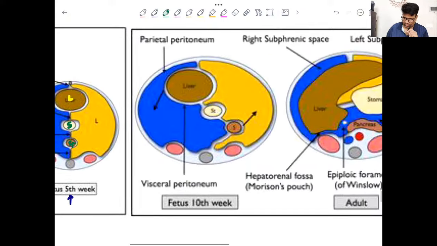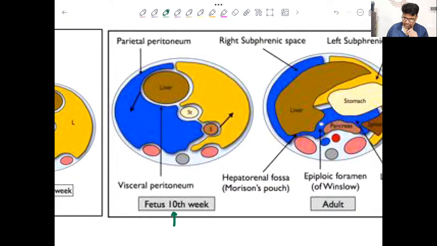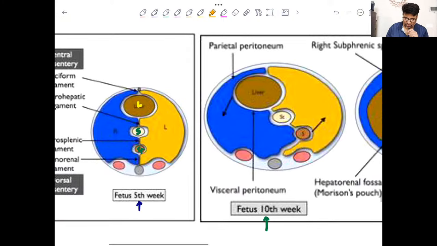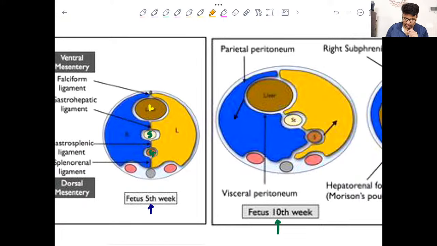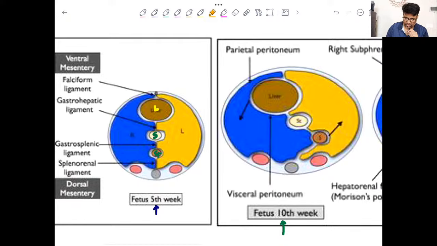Even if we go further, around the 10th week, you can see one thing: the ventral mesentery is anterior and the dorsal mesogastrium or mesentery is posterior, somewhat in this plane, right?